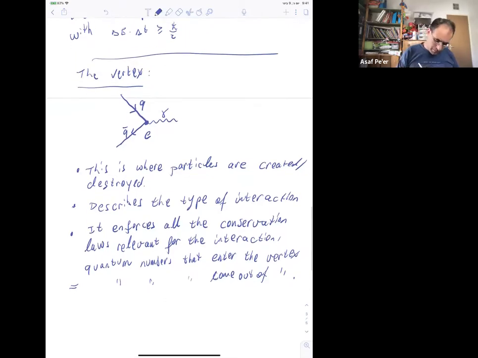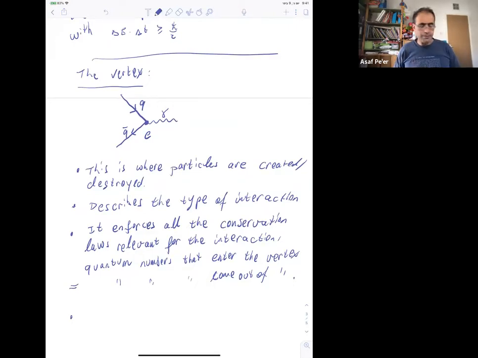Now, I said that we really have a perturbation theory. So we have an infinite number of Feynman diagrams, which in principle we need to consider. But it's a perturbative process, so each one has an order.